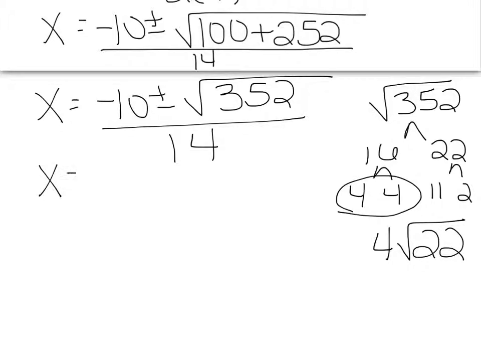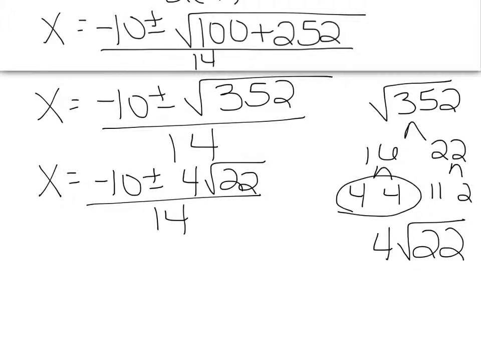So I'm going to change this from the square root of 352 to 4 square root of 22. Now remember, if you draw a heart around these, you're going to look and see what each one of them is divisible by. So we've got 4, 10, and 14. The only number that all of them is divisible by is 2.